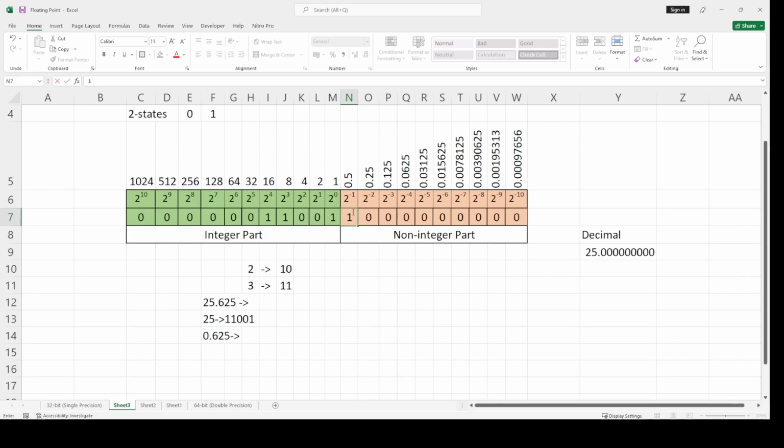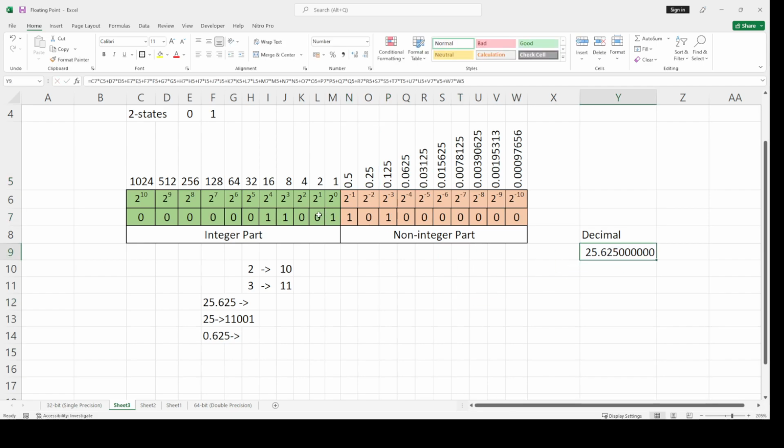So we flick the switch under the 0.5. As you can see, the decimal part becomes 25.5. And we flick the switch in this, 0.125. So 0.5 plus 0.125 is equal to 0.625. So therefore, we will just flick the switch here.